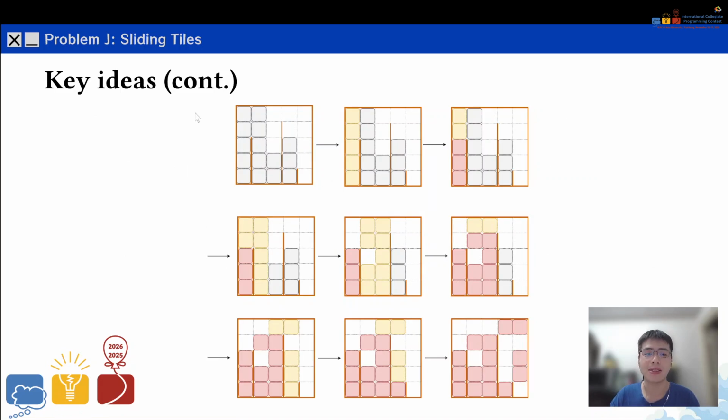This is an example that illustrates this idea. In the first figure, we don't know which columns the tiles will slide into. In the second figure, we add this column, which has 5 tiles.